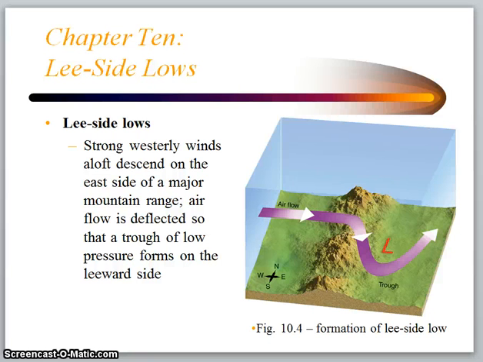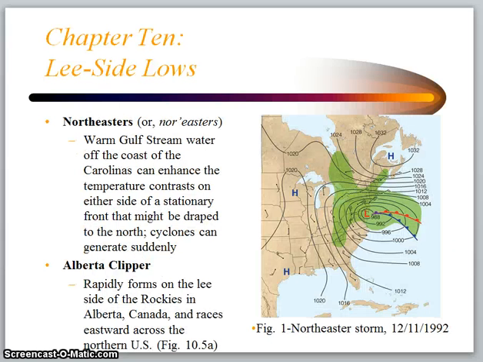So that tends to allow for more divergence or separating of air streams in the upper atmosphere, which can cause explosive development of what we call lee-side low-pressure systems, as those strong westerly winds aloft descend on the lee side, or often in North America, the eastern side of a major mountain range, like the Rocky Mountains, or like our nearby Sierra Nevada.